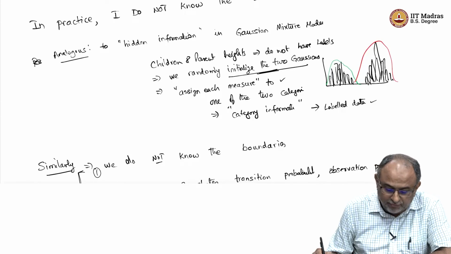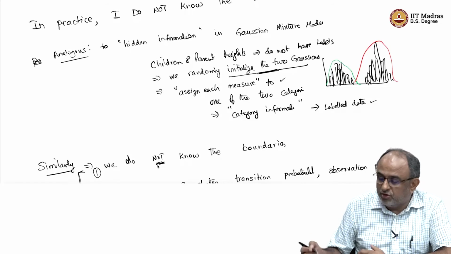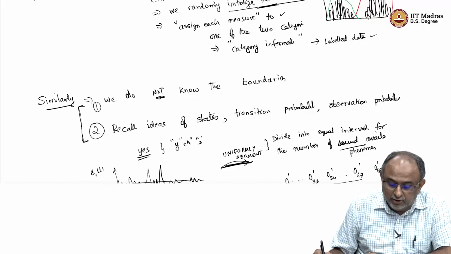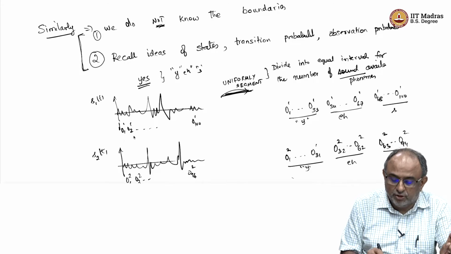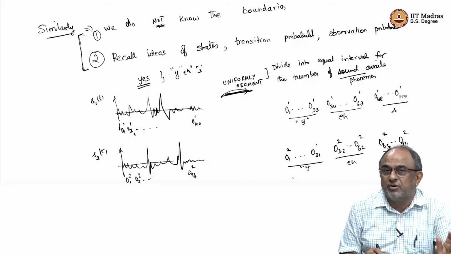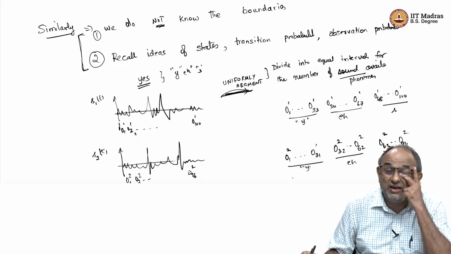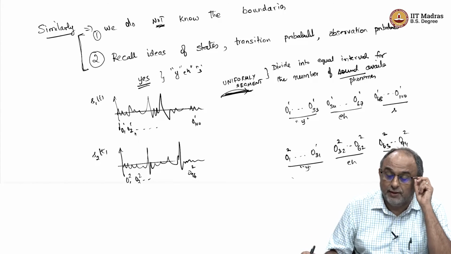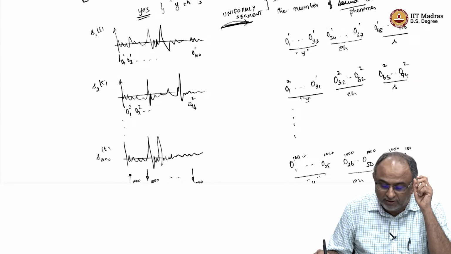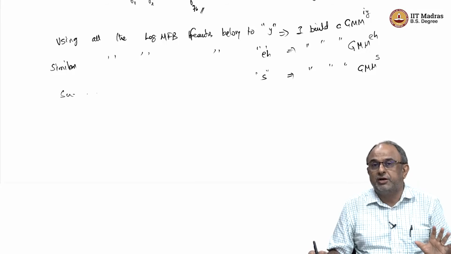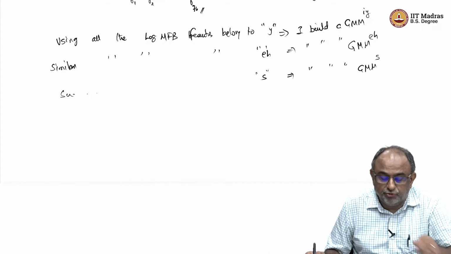The problem of not knowing the boundary is also equivalent to saying I do not know if O1 belongs to the first sound, the A sound, or the S sound. That is again like missing category information. So, now what do I do? Let me repeat this: now that I have built a GMM with the random or uniform segmentation.